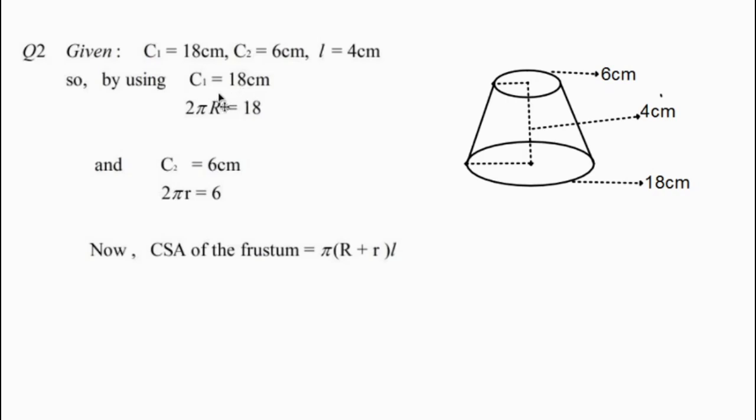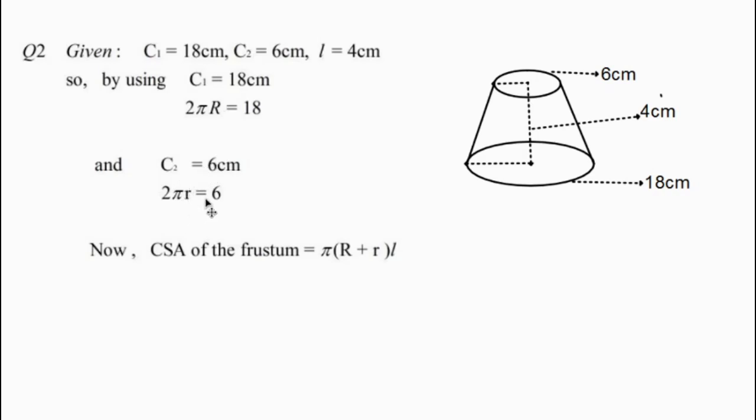The formula for the circumference of a circle is 2 pi r, but here I am taking this r as the capital R because we have two circumferences, and to differentiate between the two radii, for the bigger circumference I am taking the bigger radius, the capital R. So 2 pi R equals 18. From here, by putting the value of pi as 22/7, you can get the bigger radius. Similarly, from C2, you can get the smaller radius.